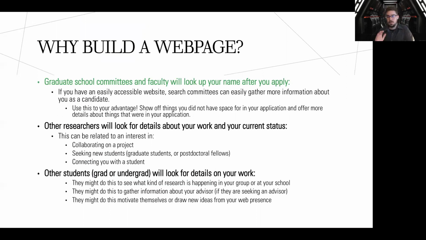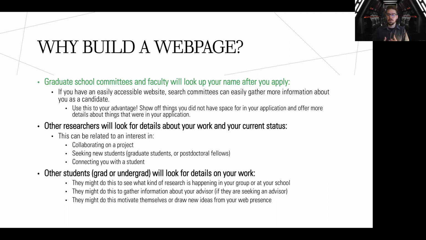So number one, if you are an undergraduate, graduate school committees and faculty will look up your name after you apply. So it's important to have web presence, especially nowadays. If they can easily find you on Google, if they can find a web page where you have information about yourself, what you work on, what your interests are, that really helps them. And it helps you as well, because you can market yourself beyond your application.